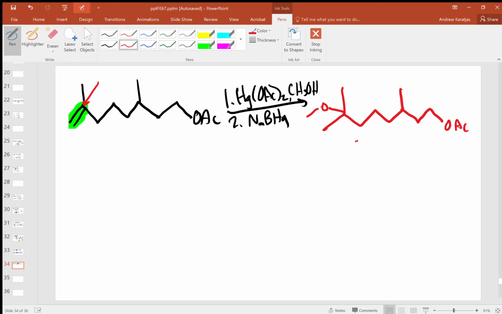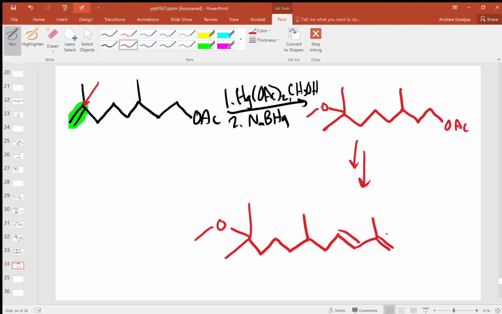From here, this undergoes a couple of additional reactions, and you'll notice the left half of the molecule stays intact. But on the right, we've added an additional piece to it.